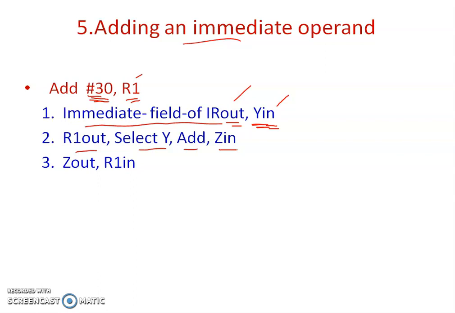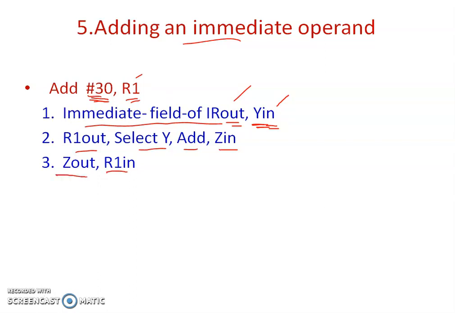In order to take the result onto the Z register, the Z in signal needs to be enabled. Now after performing this arithmetic operation, the result is currently available in the Z register, which needs to be loaded to the R1 register.